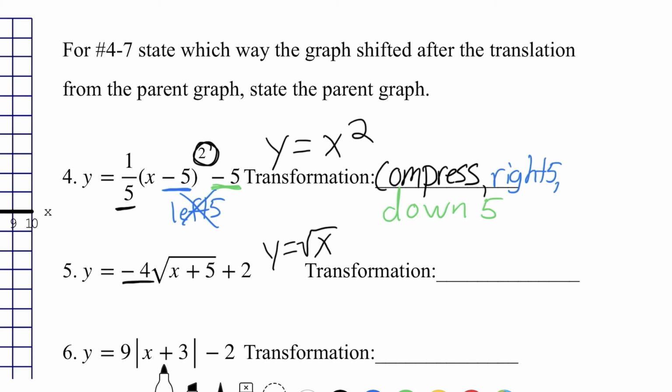This -4, the negative is telling me that we are going to reflect over the x-axis. The 4 individually is telling us it's going to be stretched because it is greater than 1.